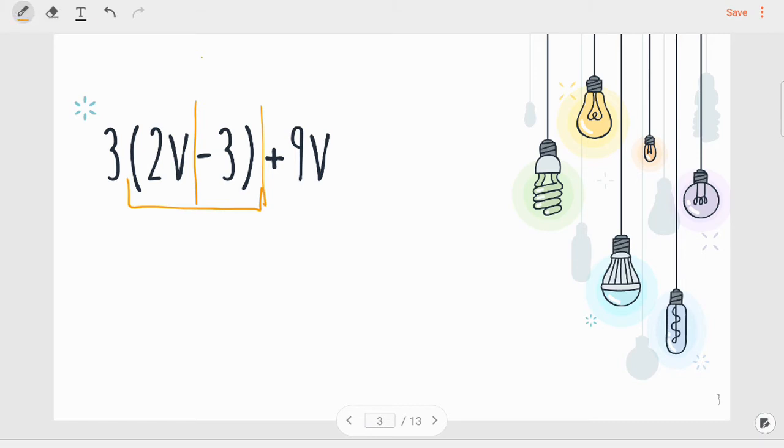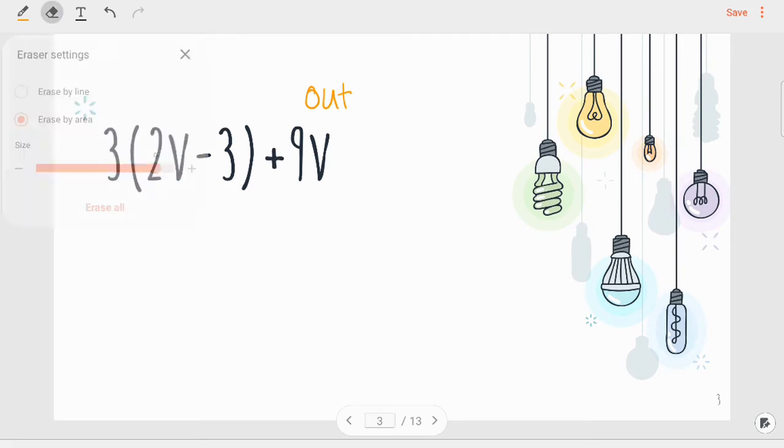So big rule right here: I cannot combine this 2v with this 9v because the 2v is inside and the 9v is outside. In order to combine, they have to be in the same location. They either have to both be in or they both have to be out. Well, there's no way for me to move this 9v into my parentheses, so is there any way that I could get my 2v out of those parentheses?